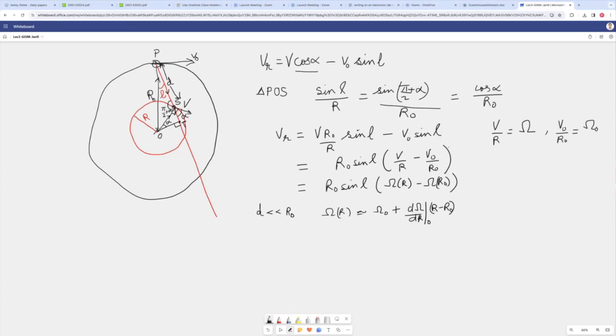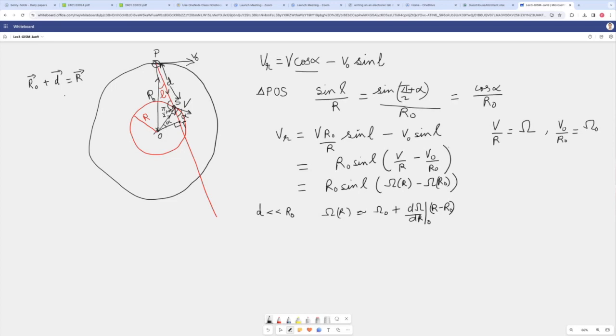Now, how do we calculate r minus r naught in terms of the distance d? You can see this triangle. The r naught vector plus the d vector is equal to the r vector, right? So it's just this triangle.